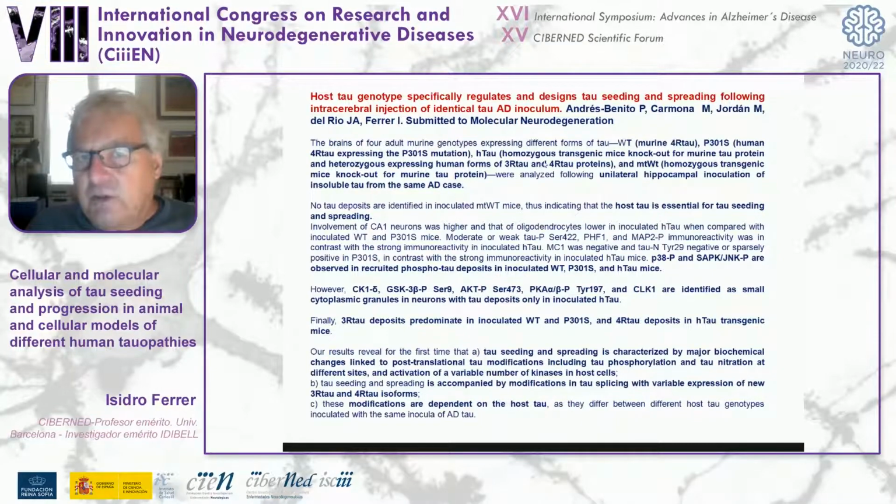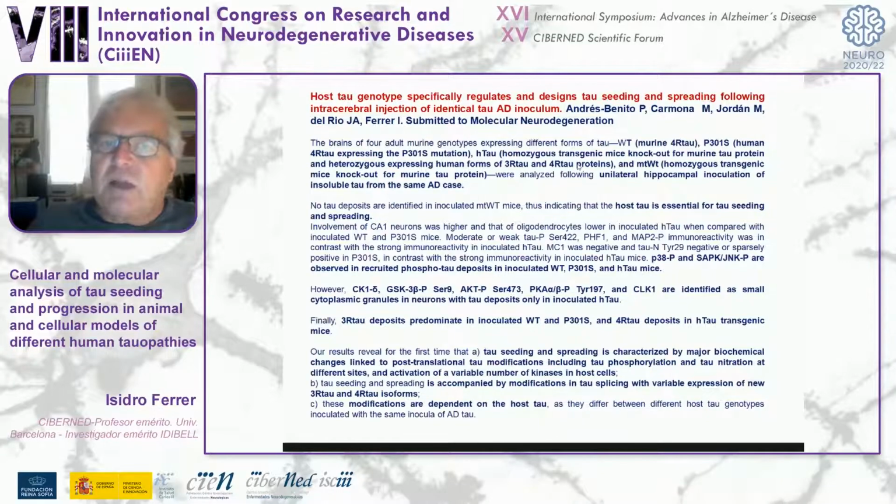So this animal is different from the other types of adult murine models, because in adult mice, what predominates is 4R tau, or is unique to 4R tau, whereas 3R tau is least frequent or almost not expressed. And the other one is a knockout mouse for human and murine proteins.